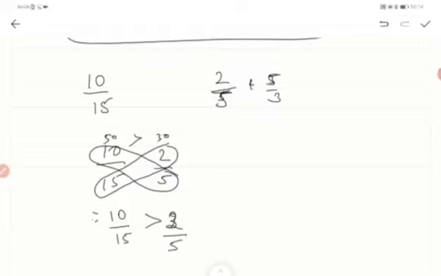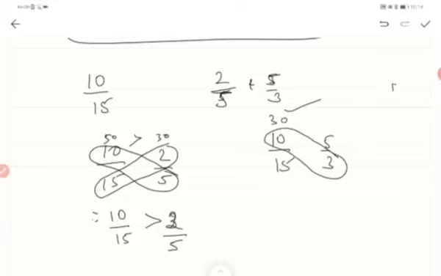Let's check the other: 10 by 15 and 5 by 3. This is 10 threes is 30, 15 fives is 75. So here it is less than. So 10 by 15 is less than 5 by 3 given.